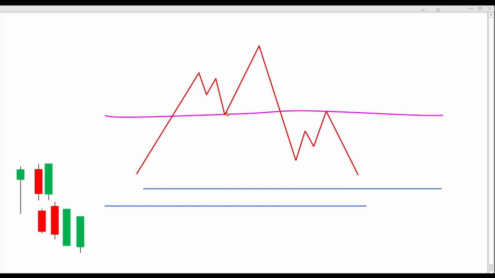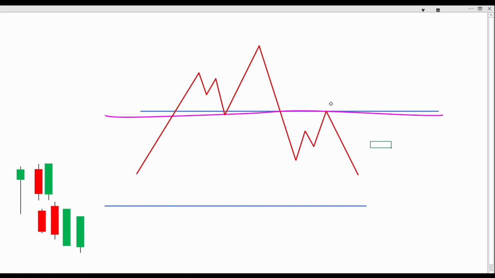So here we can enter to the upside to get the impulse, and to the downside will be the same thing. We have one impulse here, then we have a two-leg pullback to one important support, or in this case our resistance level, or an important moving average that you're using.